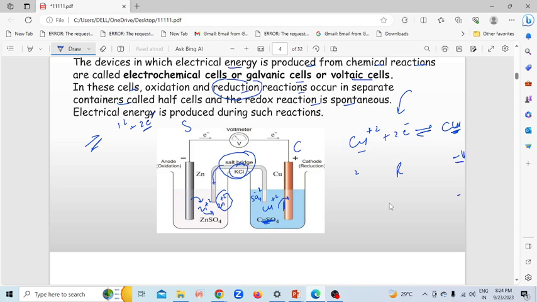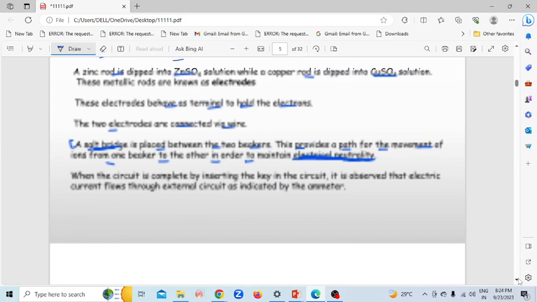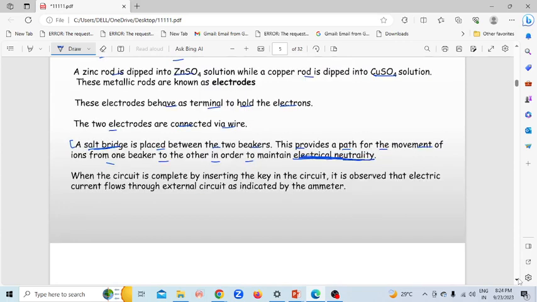So chloride ions will move to this side and neutralize Zn plus 2, whereas potassium ions will come to this side and neutralize the sulfate ions. So overall charge neutrality will be maintained. This is the working principle of the salt bridge, used to maintain electrical neutrality.